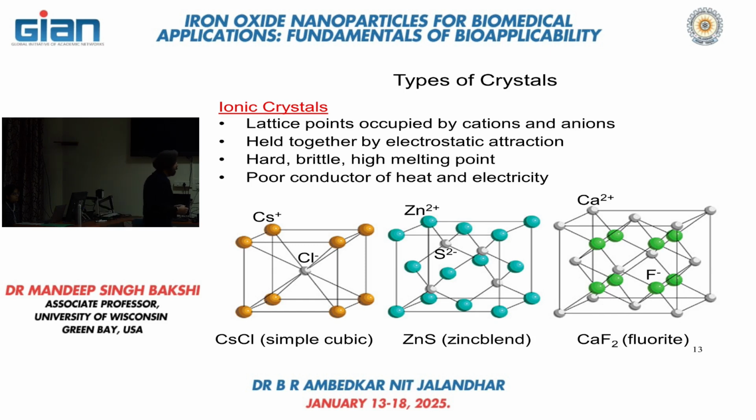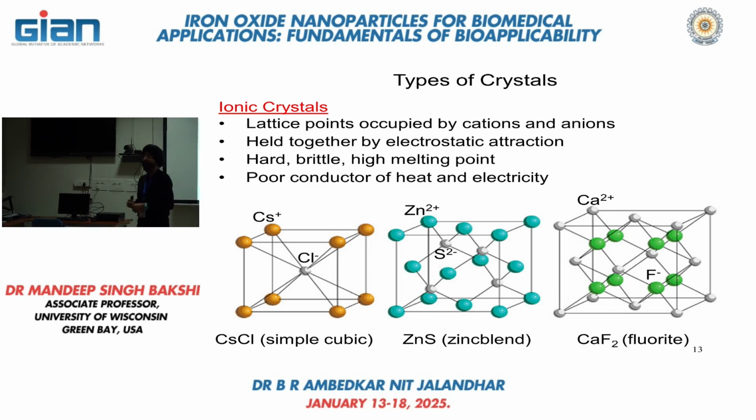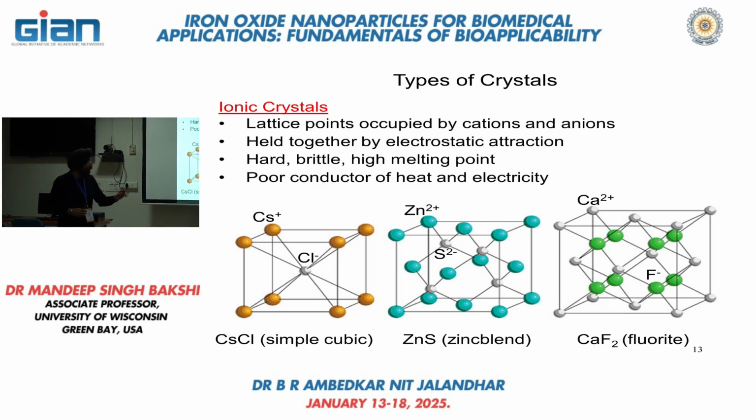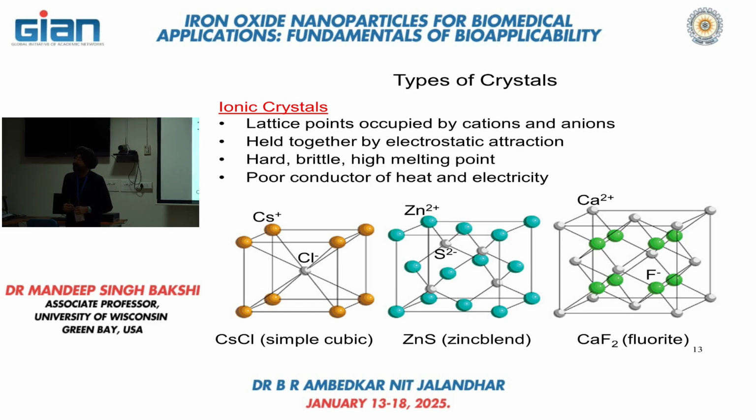Here you will see cesium chloride: the cesium cation combines with the chloride anion. Likewise zinc sulfide, and then over here we have 2 fluoride ions for 1 calcium cation. How can we derive the formula from the unit cell?